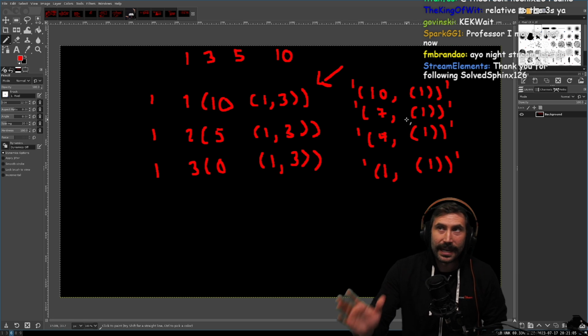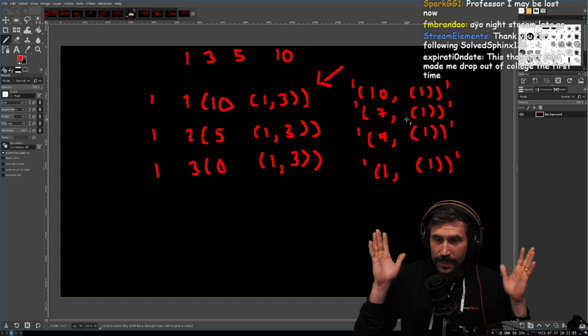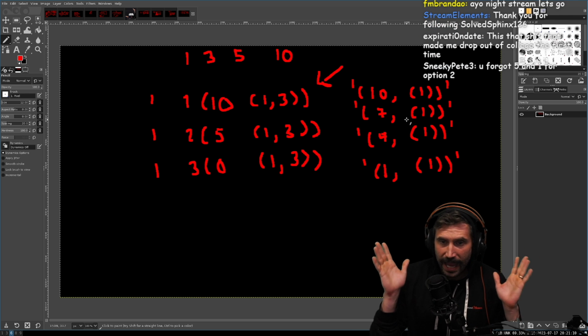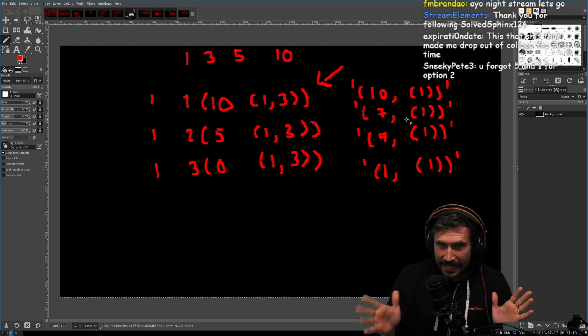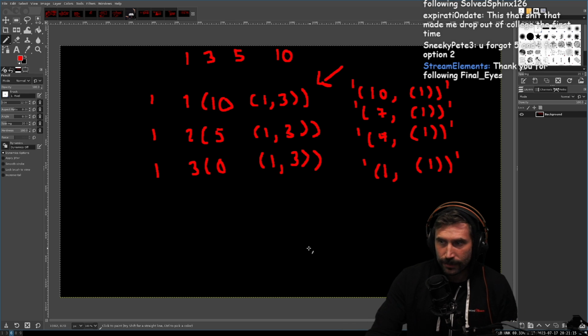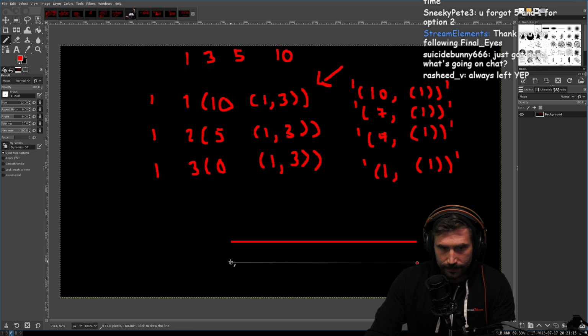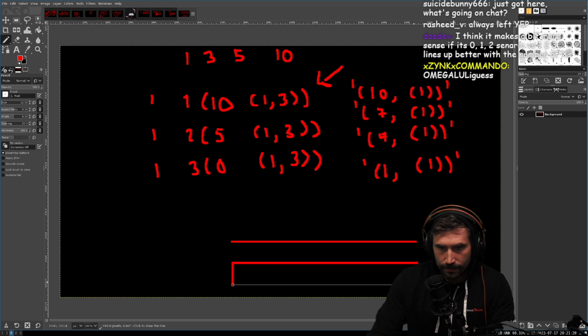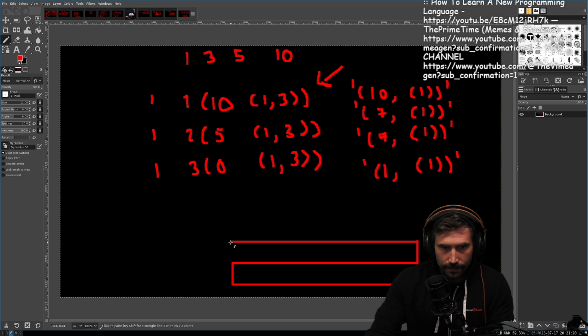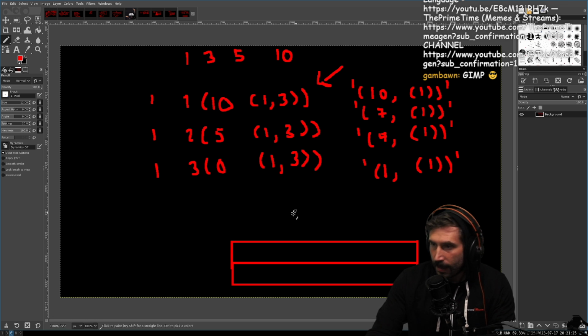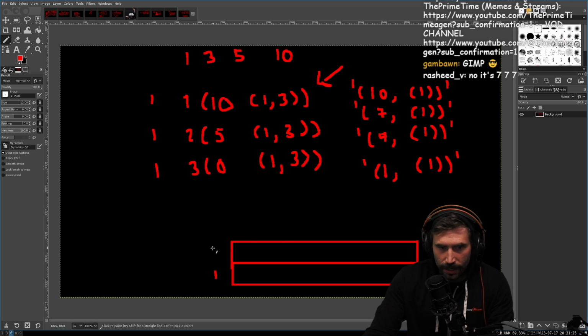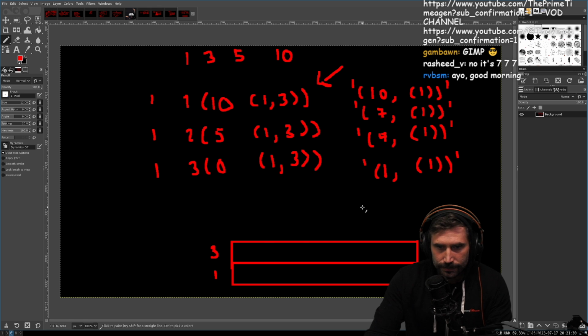So in my head, let's just validate that this is true. The amount of ways to make change at 10 is 8. Am I correct? With 1 and 3. I'm not sure. Let's find out.